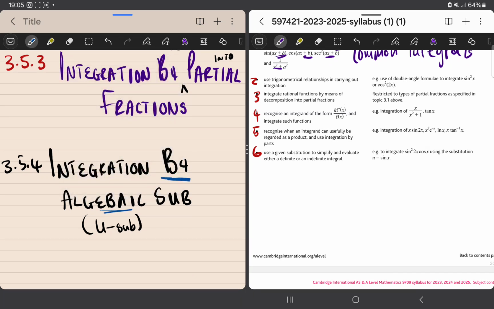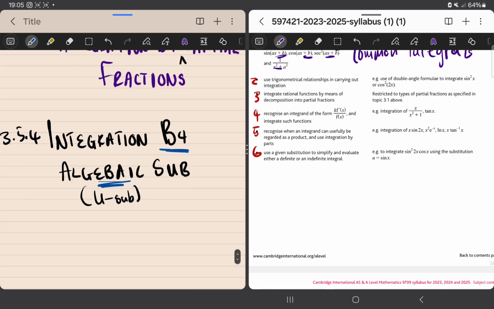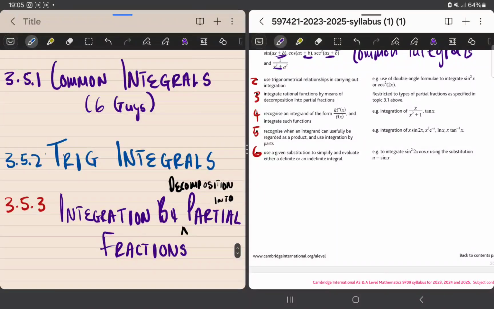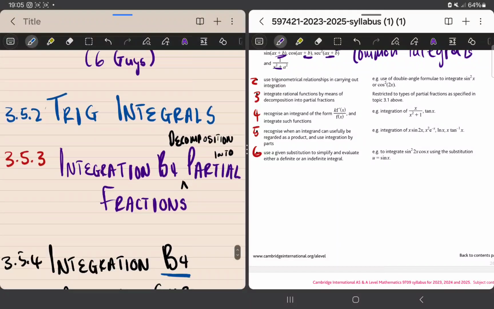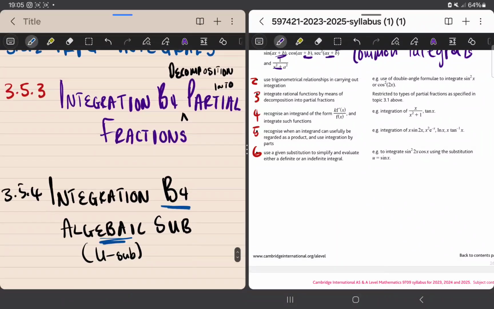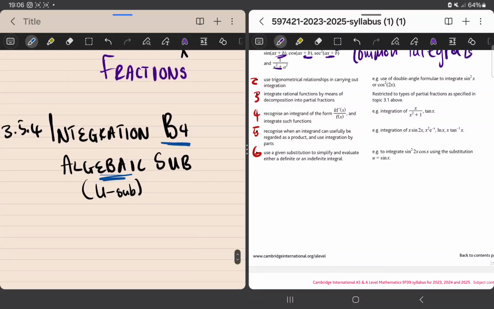This is by algebraic sub, where you have the derivative on top and the function at the bottom. We'll work on those. I'll show you. Don't worry, but just put that. That is going to be one of the things you must know. So these are methods that we're going to be doing. First is common integrals. You must know some integrals that are just known. Then things that we integrate by using trigonometric relationships. Then things that we integrate by decomposing into partial fractions. Then things which we integrate by algebraic sub.